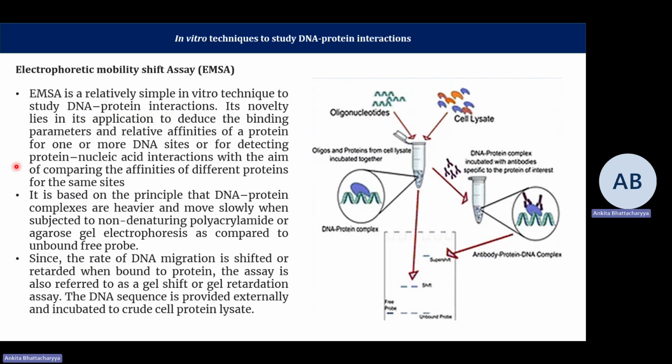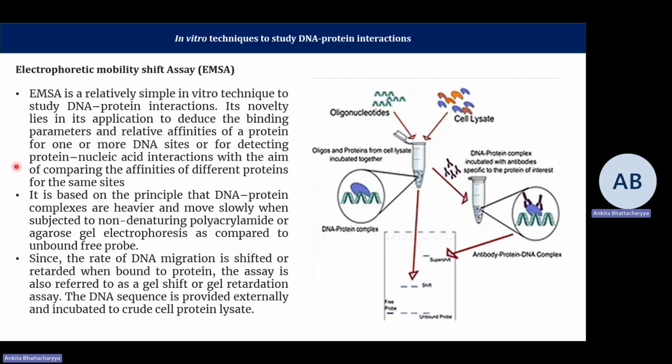It is simply based on the principle that DNA protein complexes are heavier and they move slowly when subjected to non-denaturing polyacrylamide or agarose gel electrophoresis as compared to the unbound free probe. Since the rate of DNA migration is shifted or retarded when bound to protein, the assay is also referred to as a gel shift or gel retardation assay.